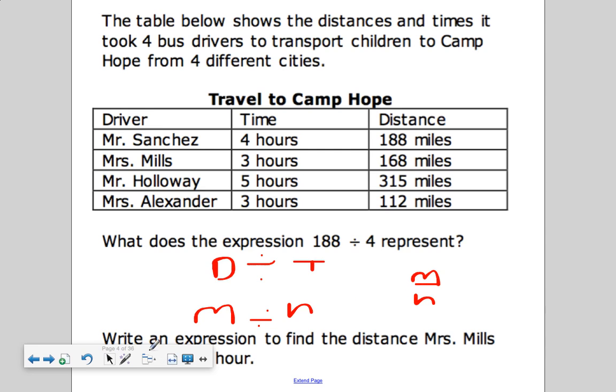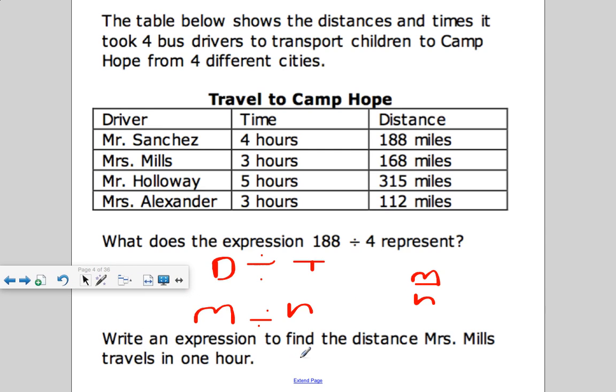Write an expression to find the distance Mrs. Mills travels in 1 hour. Mrs. Mills drove 168 miles, and it took her 3 hours.